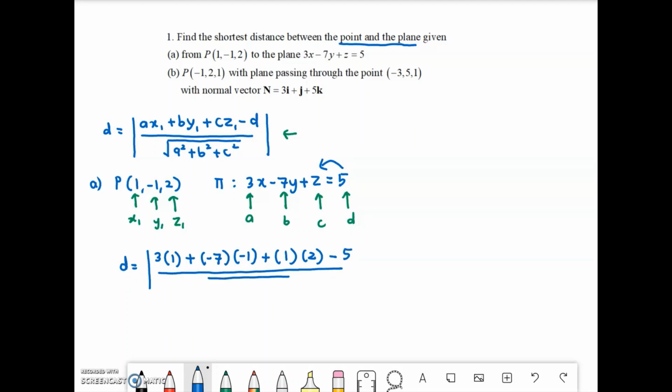Divide by the square root of A square, which is 3 square, plus negative 7 square, plus C, which is 1 square. So by calculating this, we will get 7 over the square root of 59, which equals 0.9113. So the distance between point P and the plane is 0.9113.